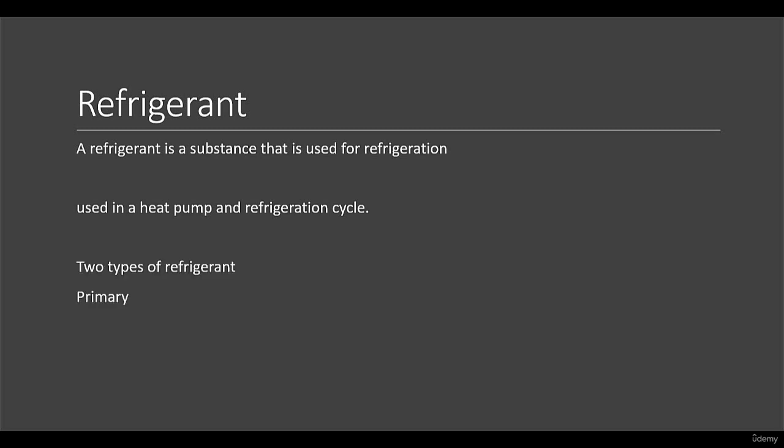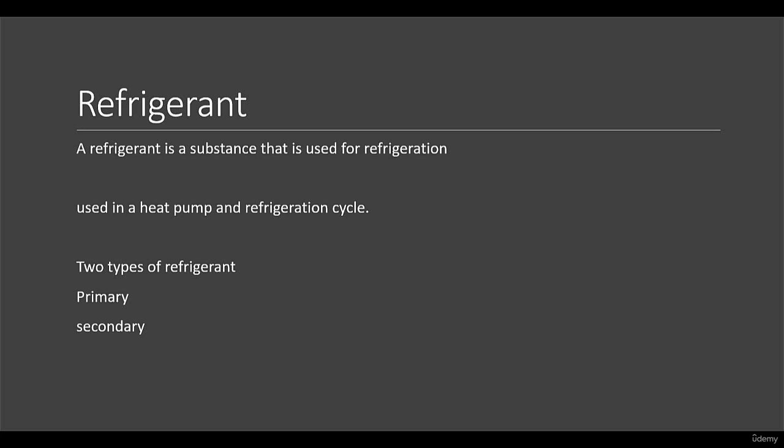One is the primary refrigerant. A primary refrigerant is one, like R134a, that is used in the vapor compression cycle, and it is used to transfer heat from the evaporator to the condenser, and it can absorb heat from the surrounding environment.